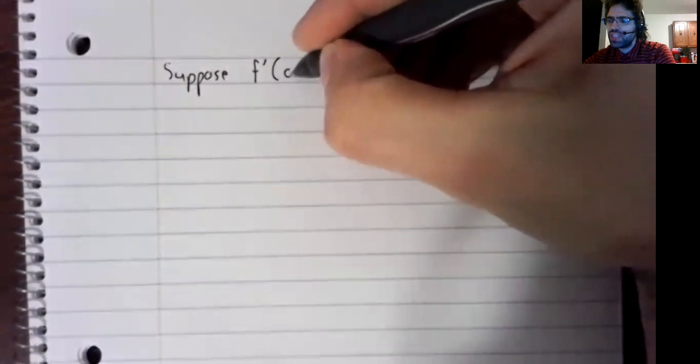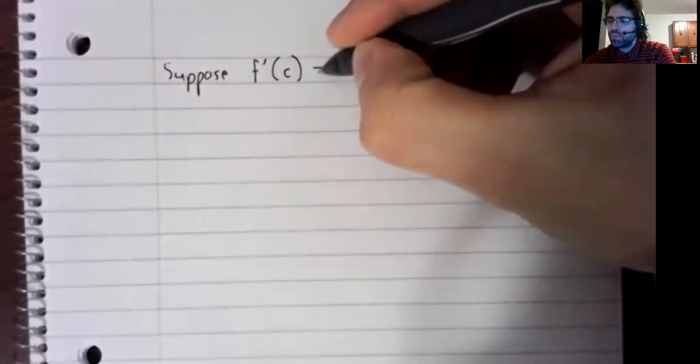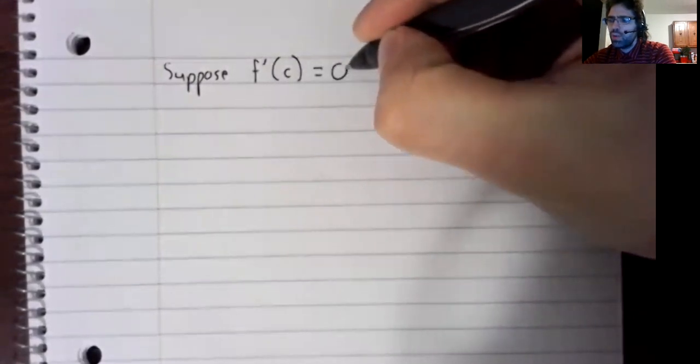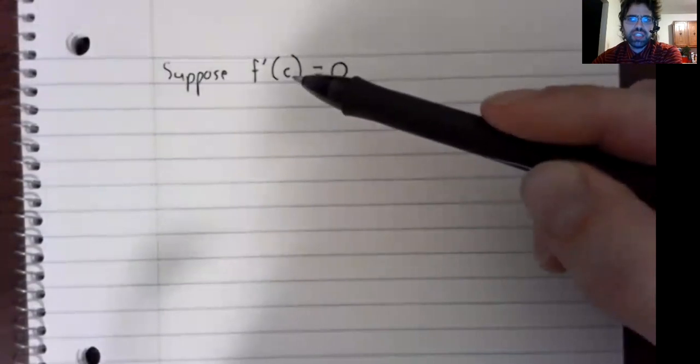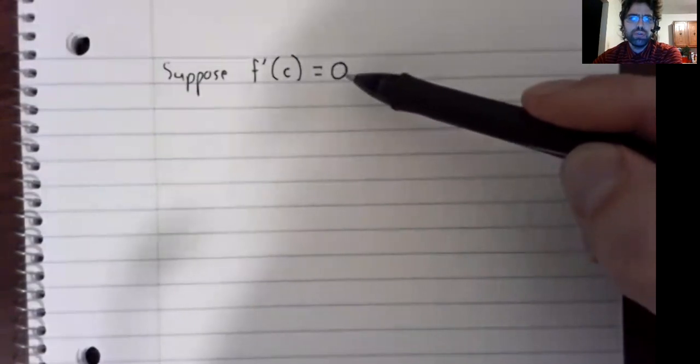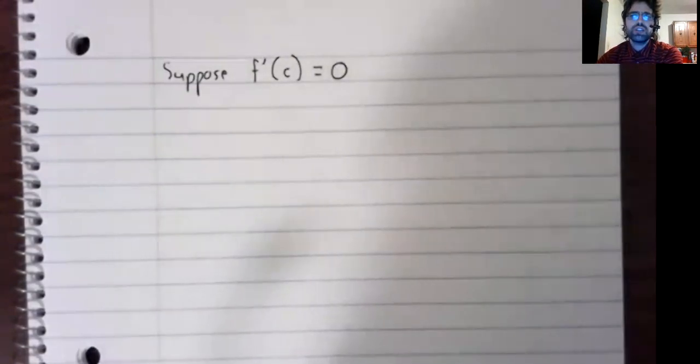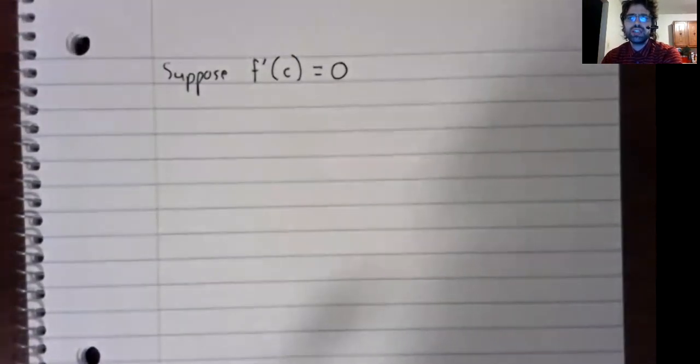Suppose that f prime of c equals 0. So c is a critical value, and more than that, the reason c is a critical value is that the derivative equals 0, not that the derivative doesn't exist.